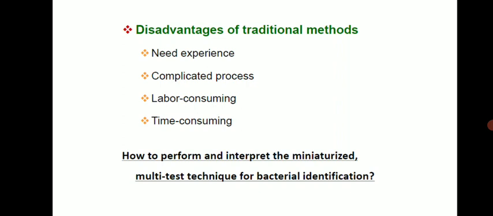So how to perform and interpret a miniature multi-test technique in bacterial identification? These are some of the disadvantages of traditional methods: they require time and labor, and are very expensive.